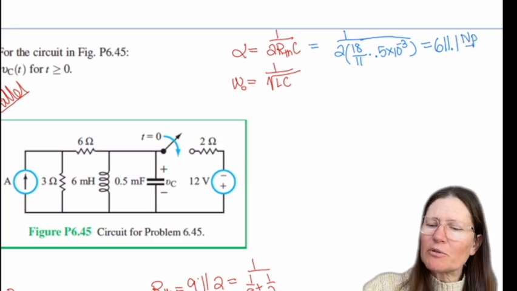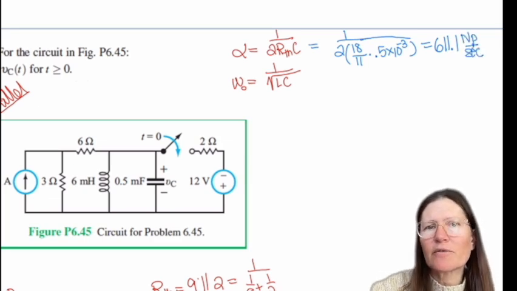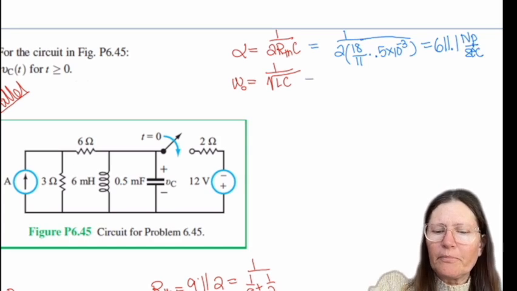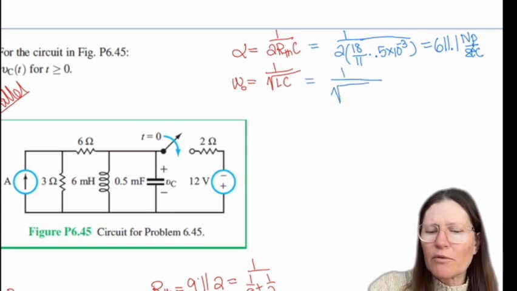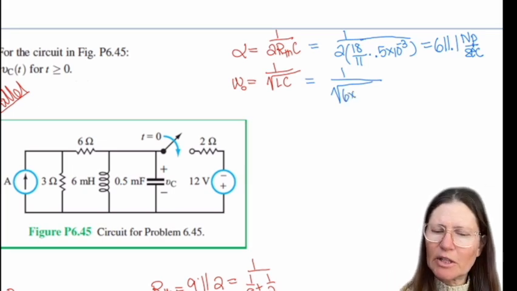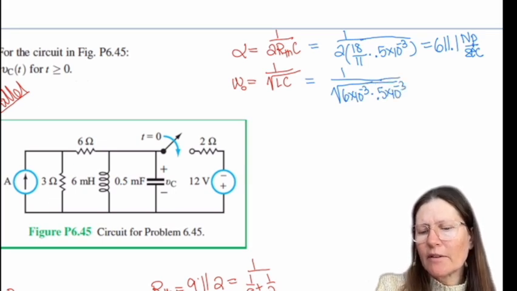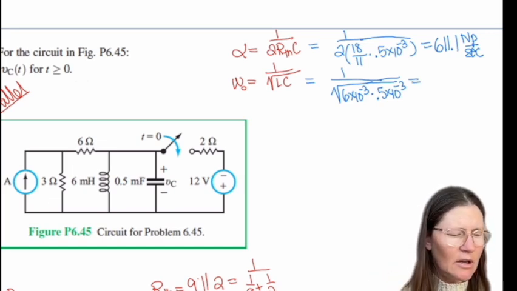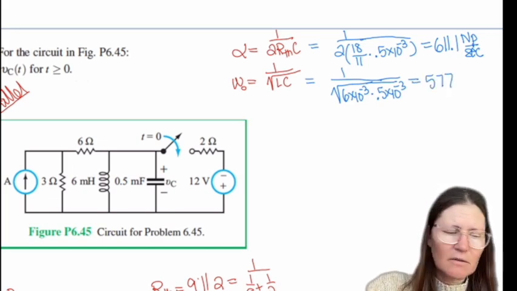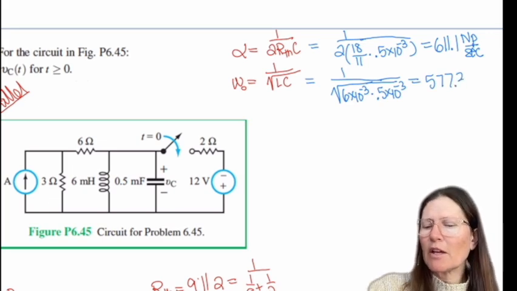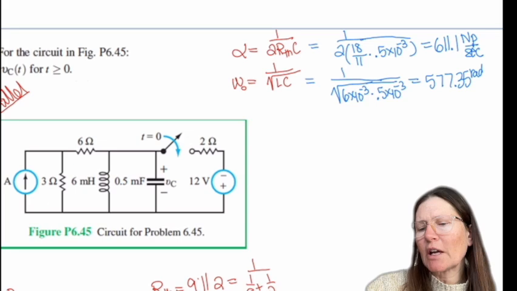Again, these are the units for the alpha, per second. And then omega naught is 1 over the square root of 6 milli times 0.5 times 10 to the minus 3. This gives us 577.35, in radians per second because it's omega.